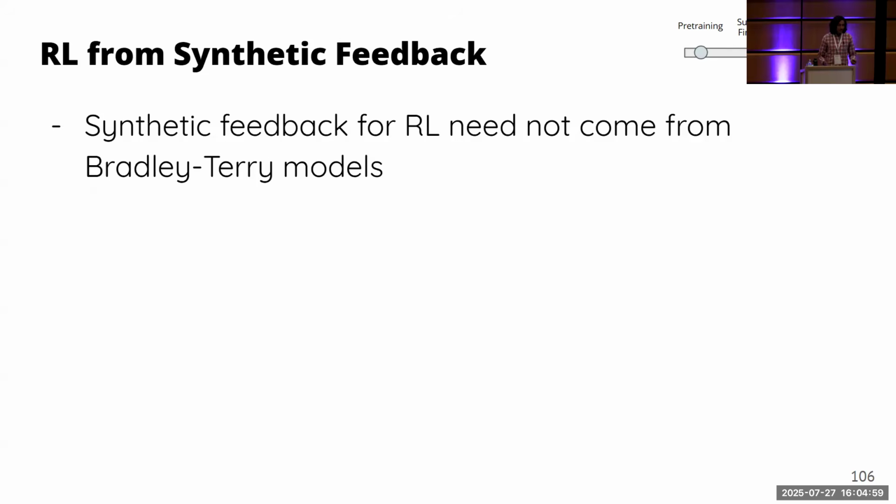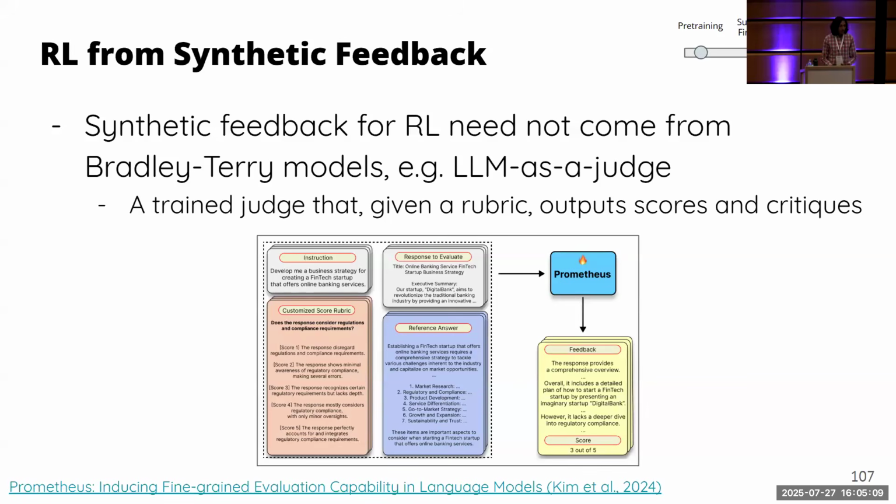However, synthetic feedback for RL need not come from these Bradley-Terry reward models. It need not come from continuous rewards at all. For example, in LLM as a judge, you just have a model that you give a response to and you ask it to produce a grade.